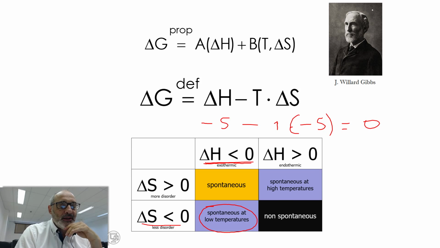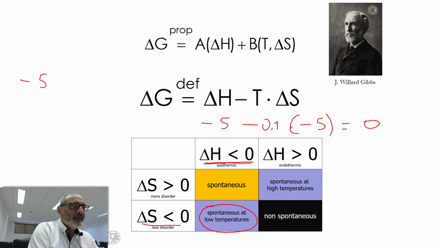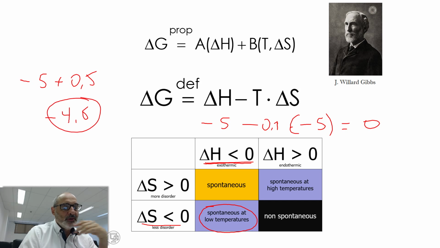But let's see at low temperature. Instead of 1 degree here, I can have, for instance, 0.1. So here I have minus 5 plus 0.5. So this is minus 4.5, which is negative, meaning it's spontaneous at low temperature.